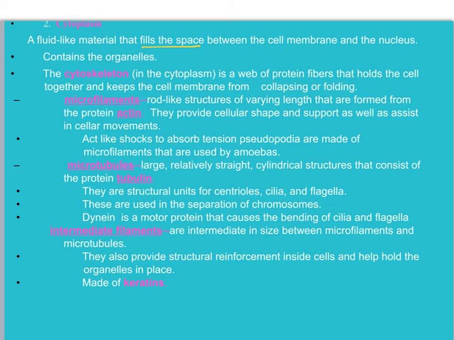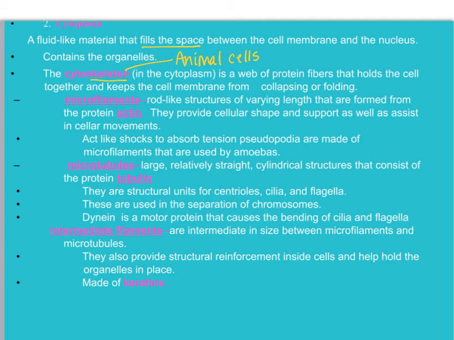So inside of the cytoplasm, animal cells will have a cytoskeleton. This is something unique to animal cells. The cytoskeleton is basically a skeleton inside of the cell. If you think about what your skeleton does in your body, your skeleton is your bones, and your bones give your body a specific shape.